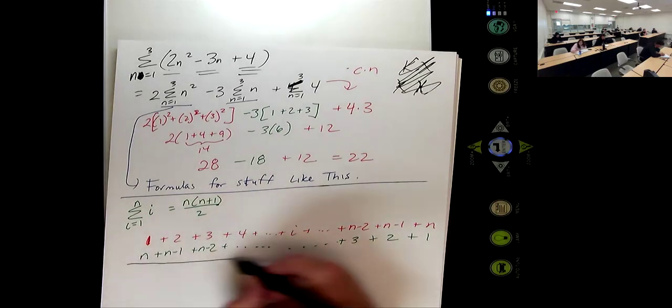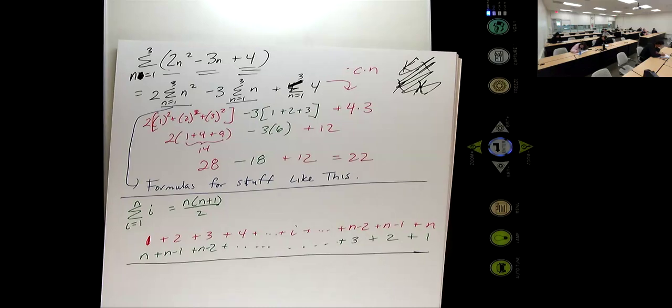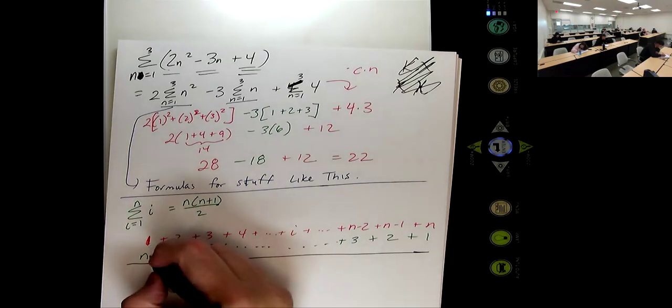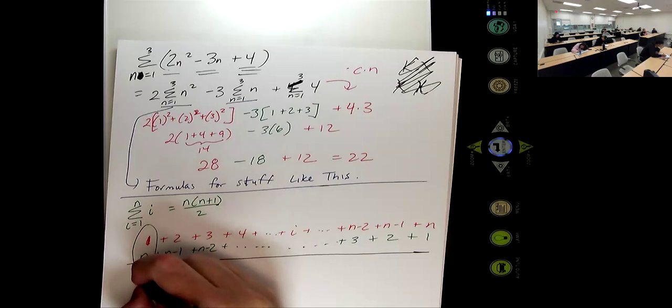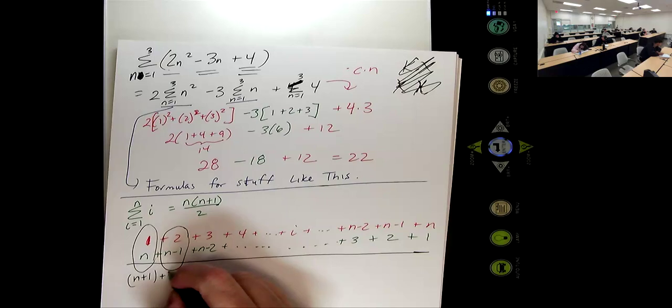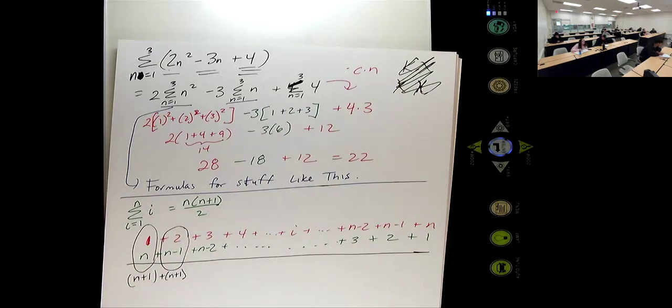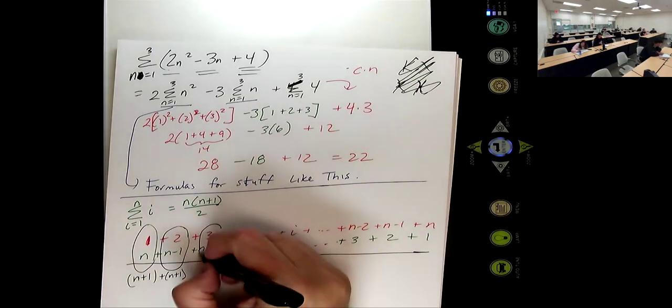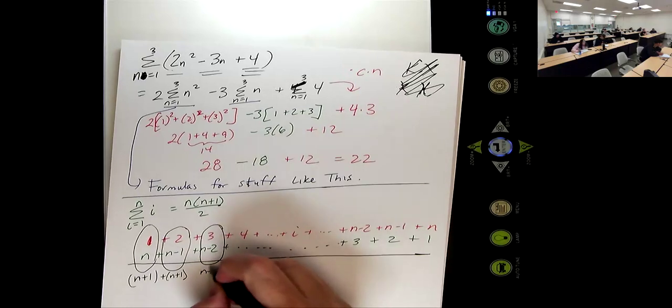What I'm gonna do is add vertically. This adds up to N plus 1. This adds up to N plus 1. This adds up to N plus 1.